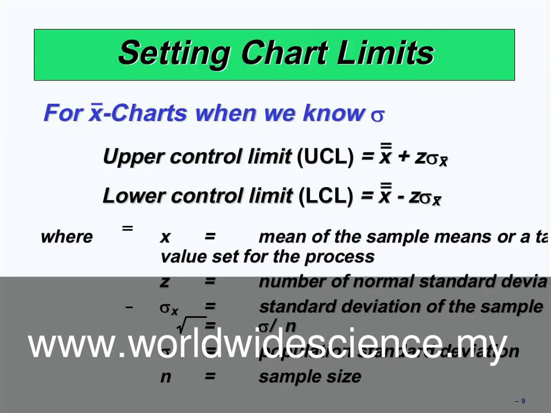So sigma X bar equals 1 divided by root square of 5.